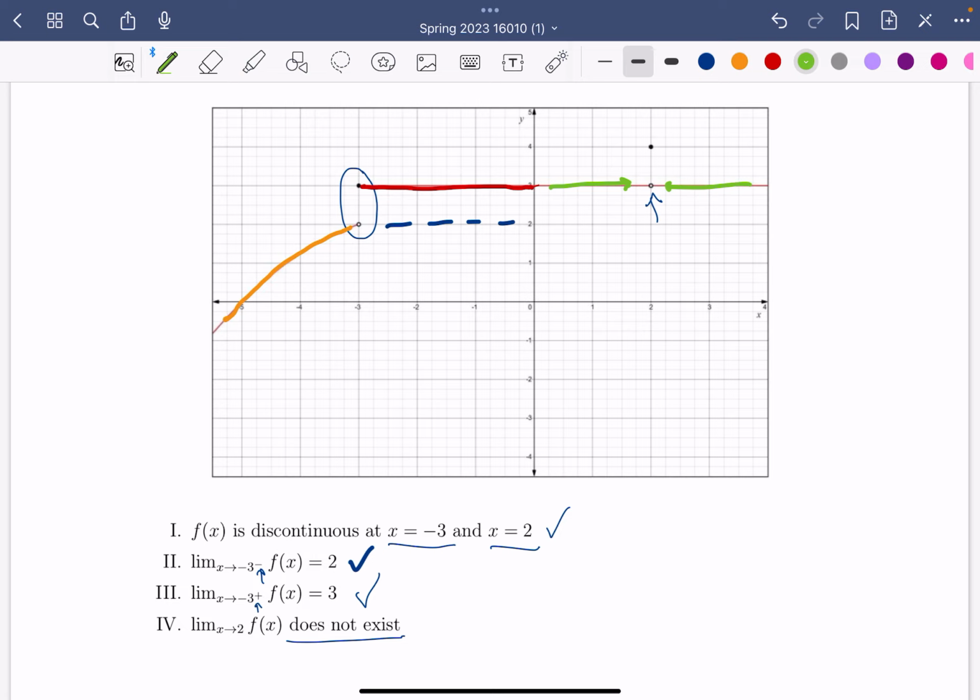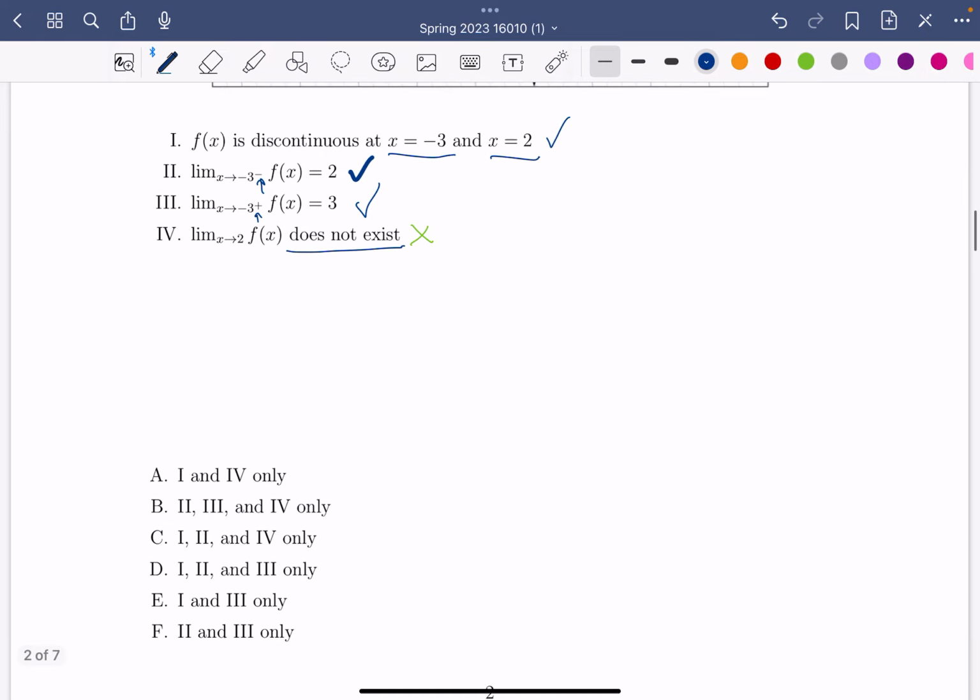In this case, both sides go to positive 2, so this limit does exist. So this is not a true statement. Now, if we look at our statements below, we see that 1, 2, and 3 are true. So that would give us D as our answer.